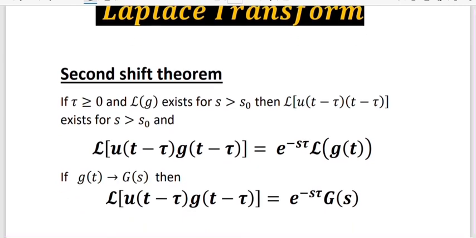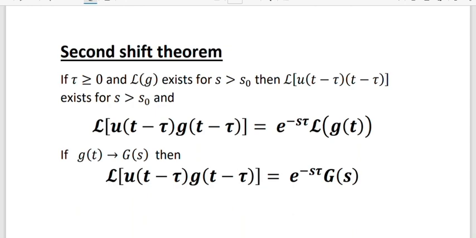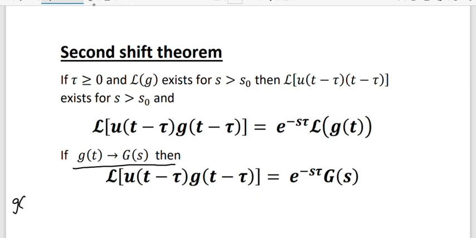The theorem states that if tau is greater than 0 and the Laplace transform of g(t) exists for s greater than s naught, then this function exists for s greater than s naught. Given this condition, we know that the Laplace transform of g(t) is G(s).